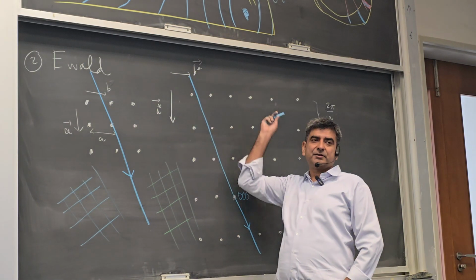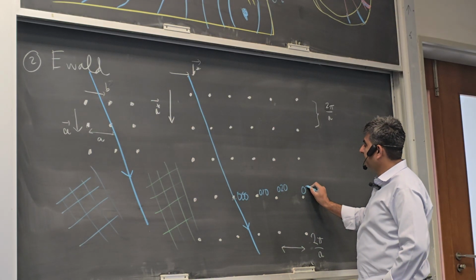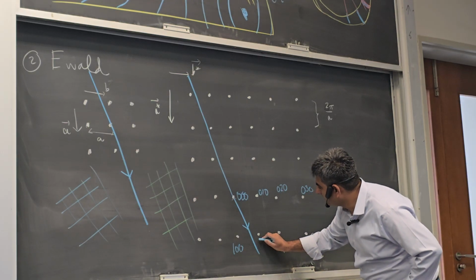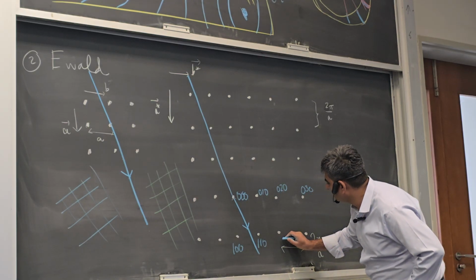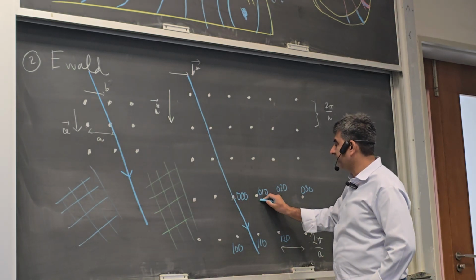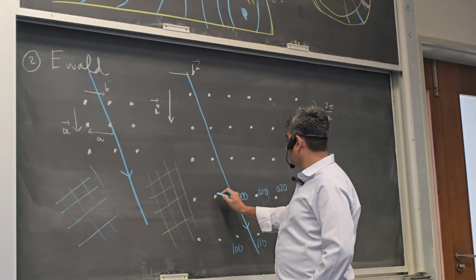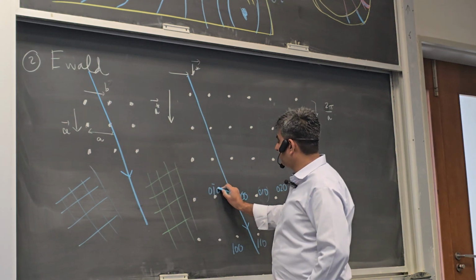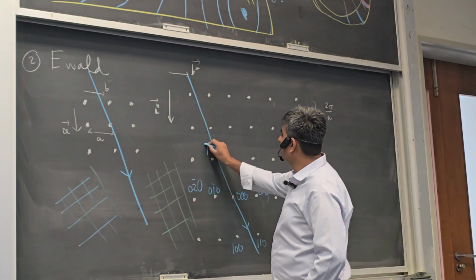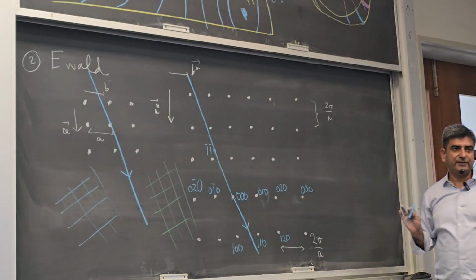Because this is the B direction. This is 0, 2, 0. 0, 3, 0. This is 1, 0, 0. 1, 1, 0. 1, 2, 0. And all of these are planes really, right? This is 0, 1 bar, 0, 0, 2 bar, 0. This will be 1 bar, 1 bar, 0, and so on. So all of these are points.